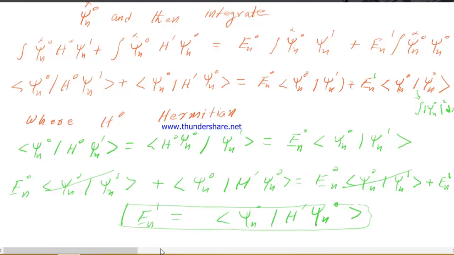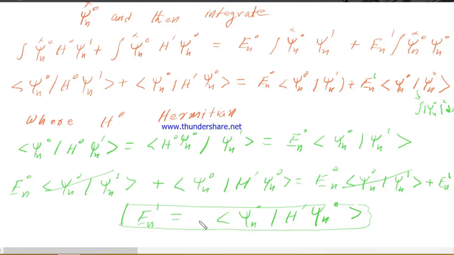Okay, and this is the fundamental result of first order perturbation theory. This first order correction to the energy is simply the expectation value of H dash in the unperturbed state, psi n naught.